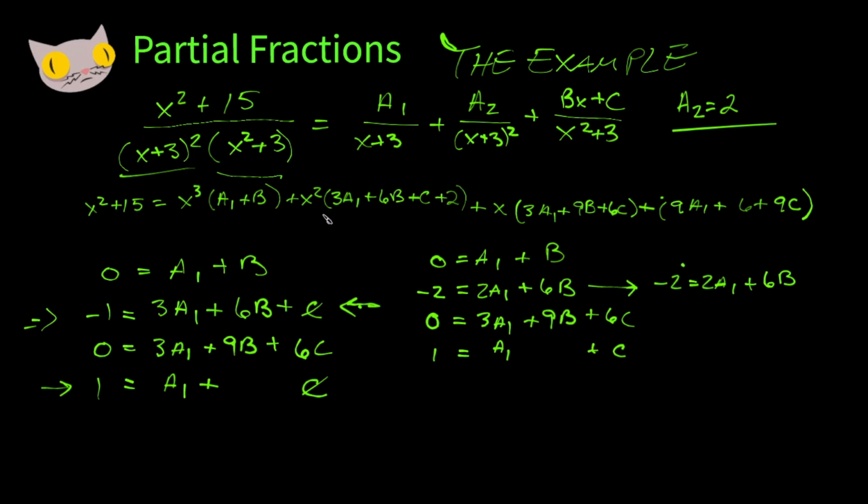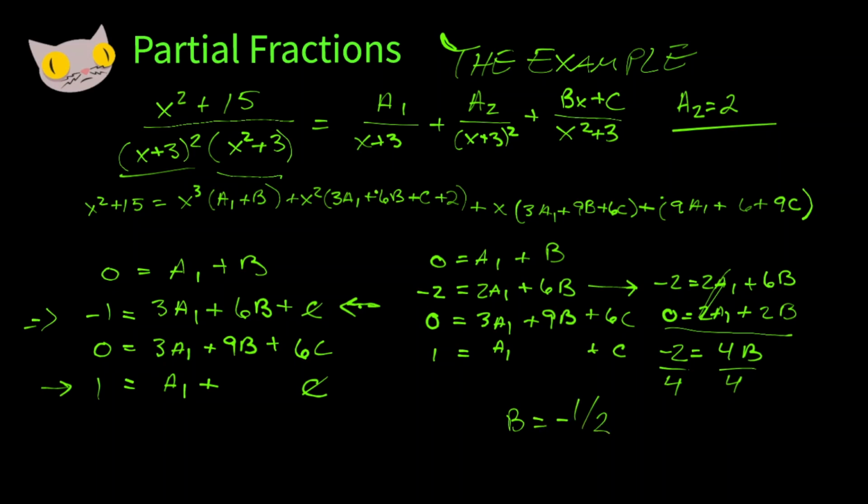Let's subtract the first equation, but let's multiply that first equation by 2. 2a1 plus 2b. -2 is equal to, that gets crossed out, 4b. Okay, now divide by 4 to get b by itself, and we see that b is equal to -1/2.